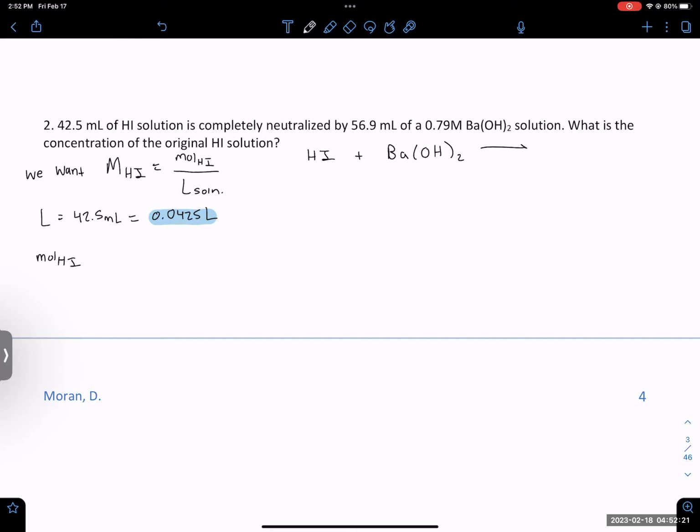Ba(OH)2 plus HI. What kind of reaction is this, by the way? Double displacement, but more specifically, what kind of reactants do we have? Acid-base reaction. And these always form salts and water, right? So we get barium iodide and H2O.